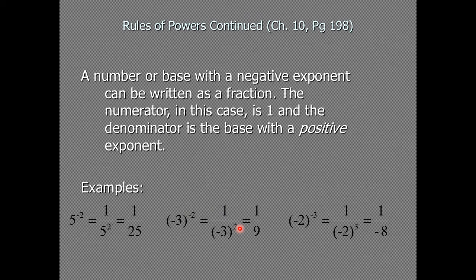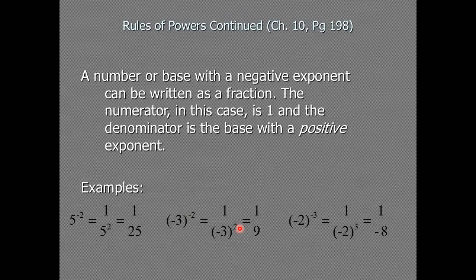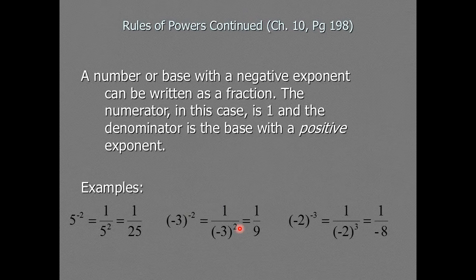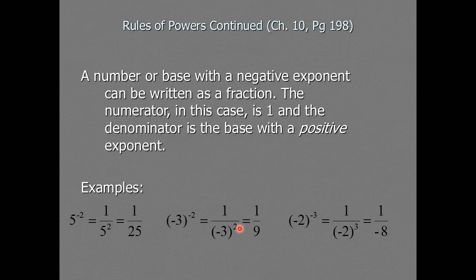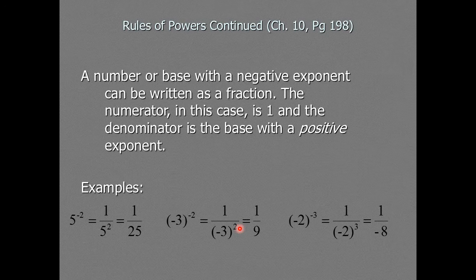If the exponent is negative, it's actually 1 over the same thing with the positive power. It's actually a reciprocal. That means the whole thing becomes a denominator, and then the same base with the positive exponent.